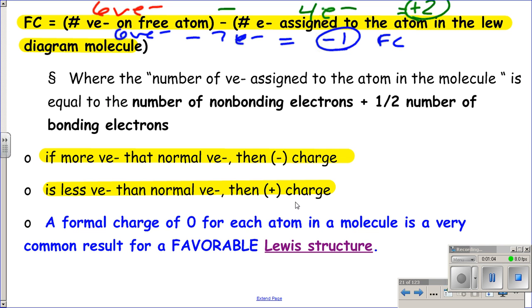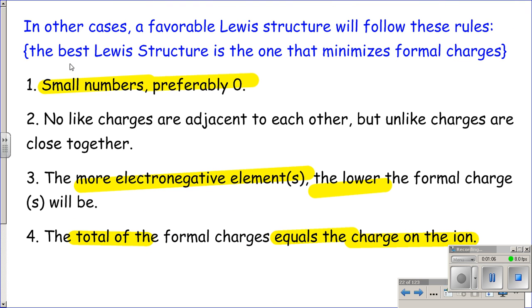This is the bit that's in your notes for you. And then the next one gives you the key points, like I just said. Small numbers, preferably 0, are going to help with minimizing charge differentials between two close atoms on a Lewis structure. Make sure bullet 4 is followed as well. The total numbers added together from the formal charges must equal, for example, the polyatomic charge, like sulfate that we did, where we had our negatives and positives cancel each other out.